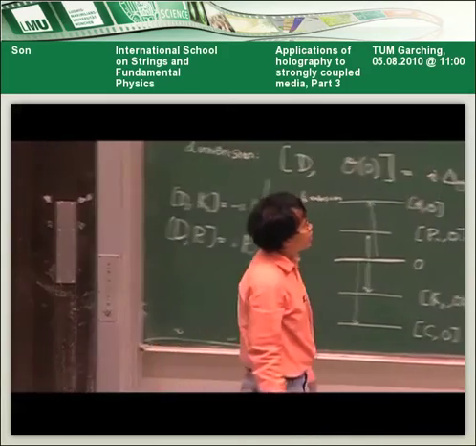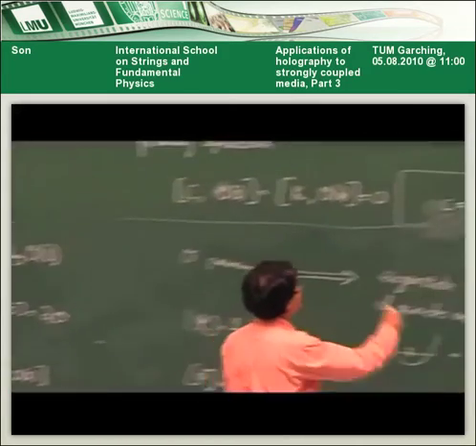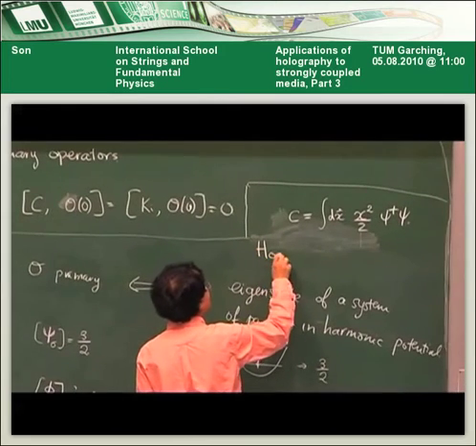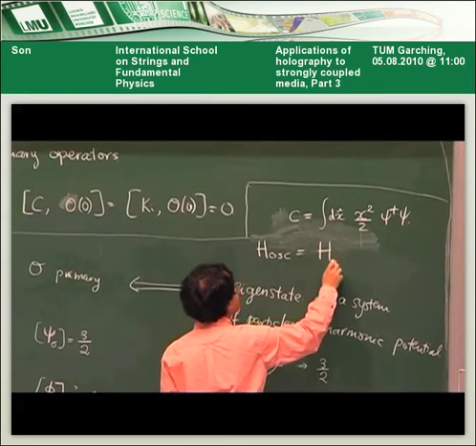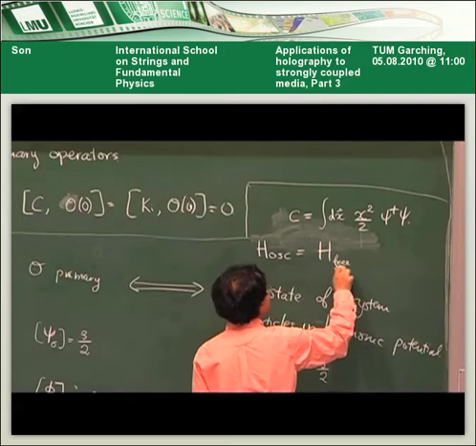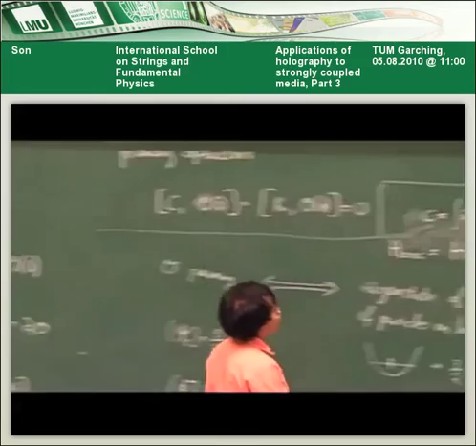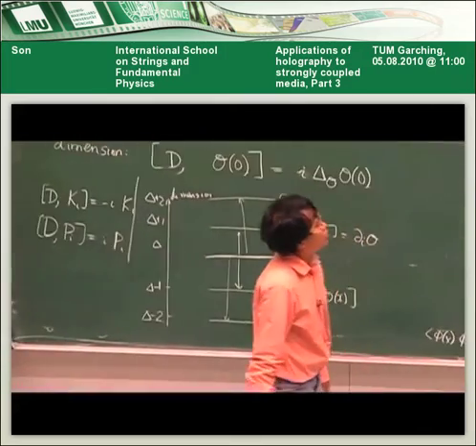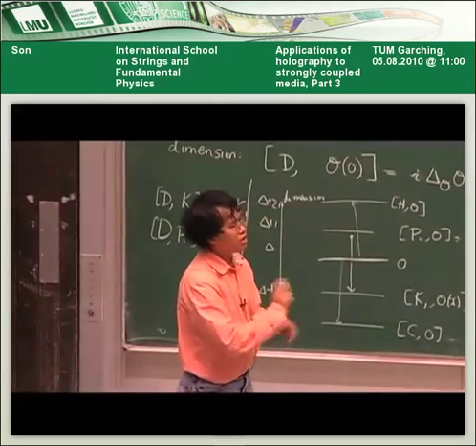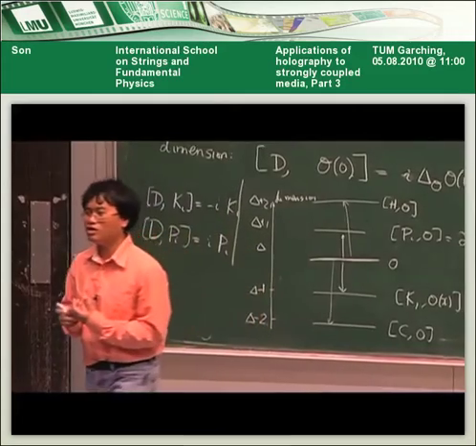So the Hamiltonian in the harmonic oscillator is equal to the Hamiltonian in free space plus basically plus C. And now this correspondence can be proven algebraically.